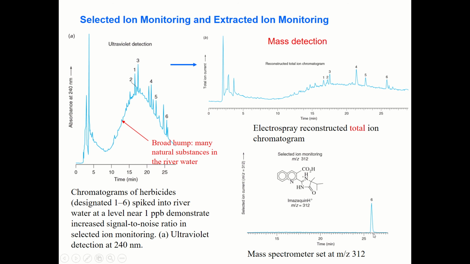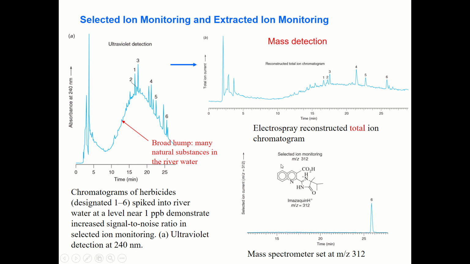At around time 26, you see, and then compare with this total ion chromatogram, because it detects all the signals. And now you know that this peak 6 is due to imazaquine, the molecule of your interest.